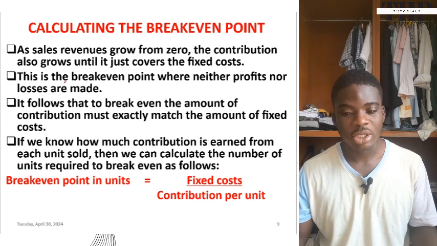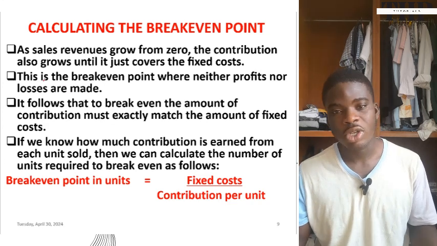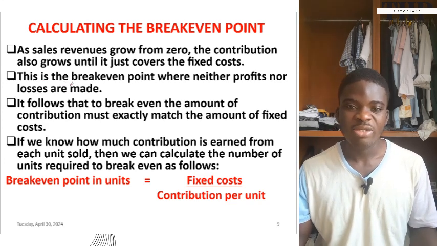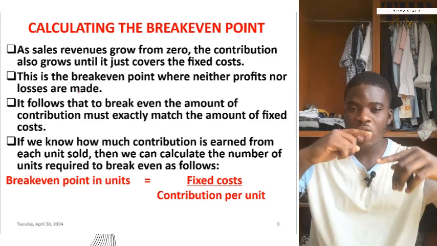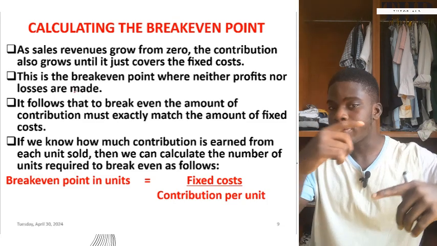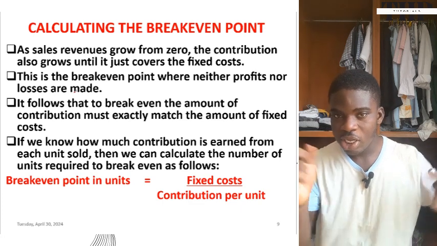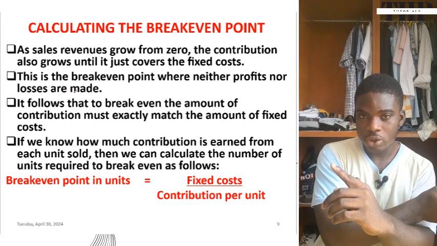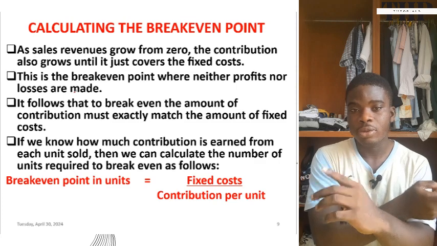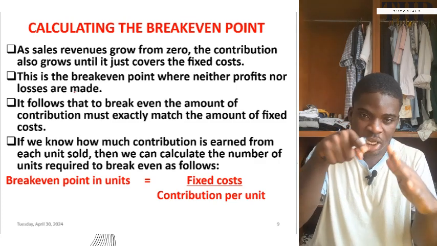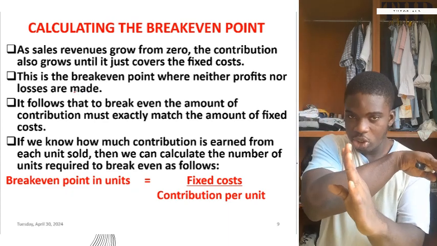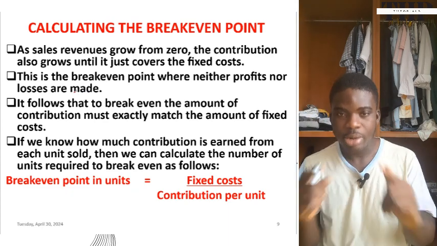This is the break-even point where neither profit nor loss is made, right? You start selling, then you start contributing, until you meet your required contribution. That required contribution cancels your fixed cost. So now what happens? I'm making profits, right? But the point at which you cancel your fixed cost, that's the break-even point.